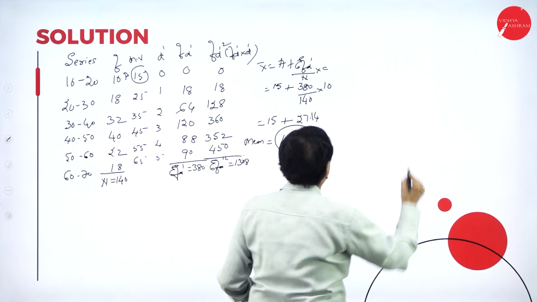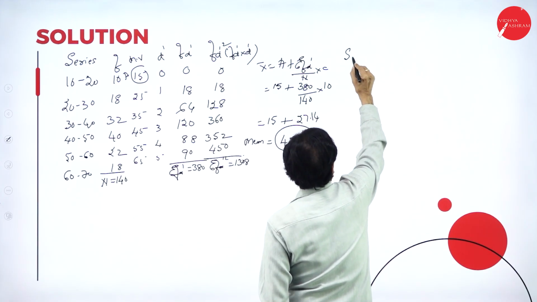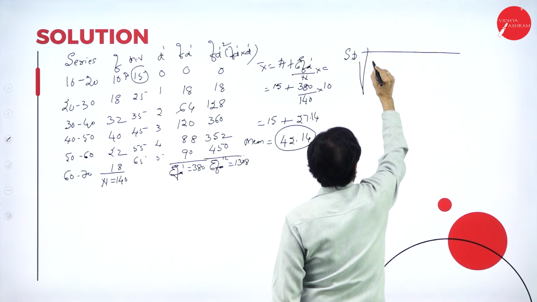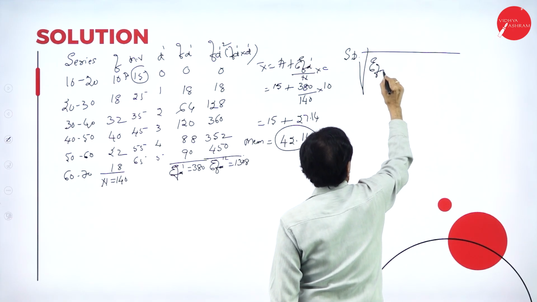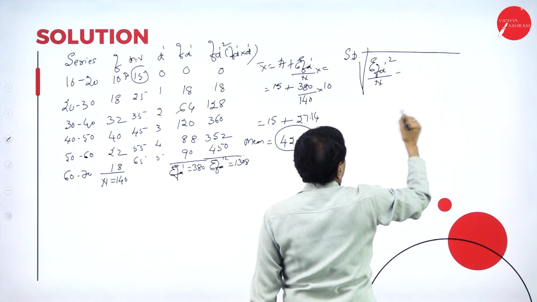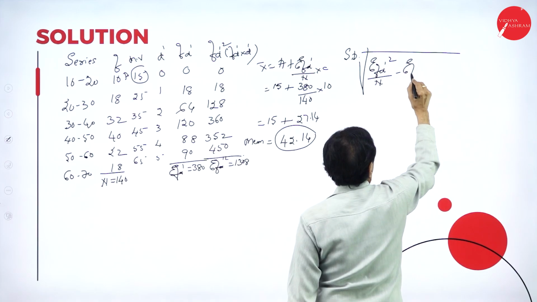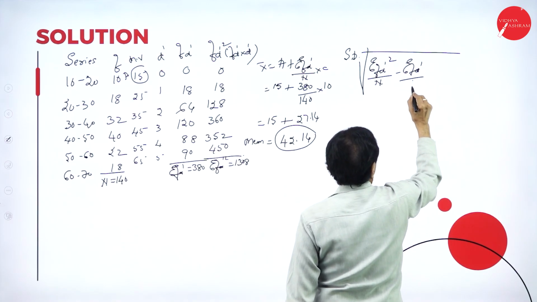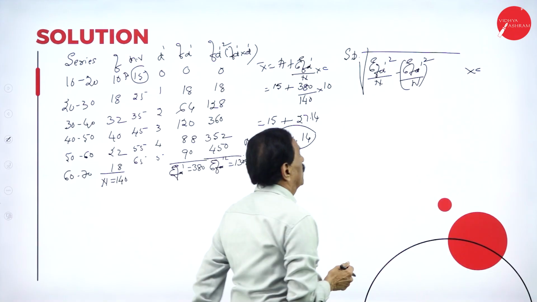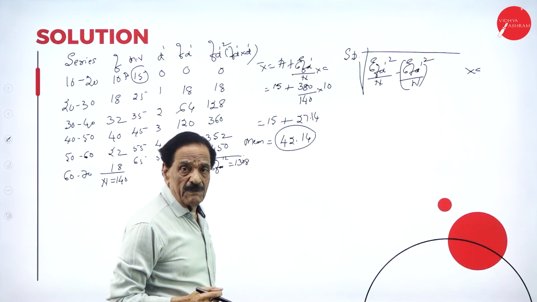Now, standard deviation is equal to root of sigma f d dash square divided by n minus sigma f d dash divided by n whole square, into c. This is the formula for standard deviation.